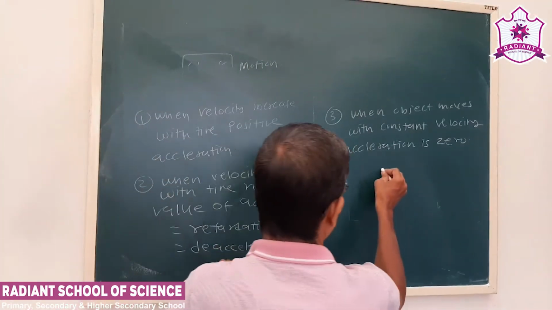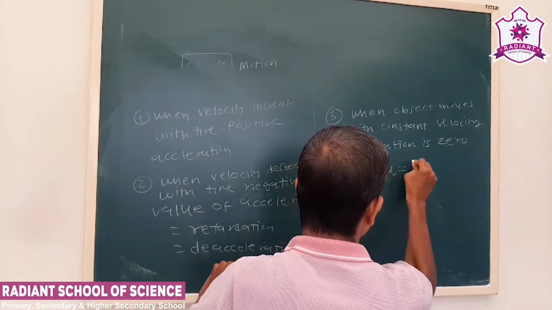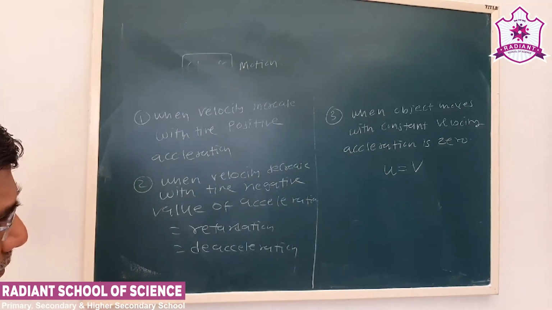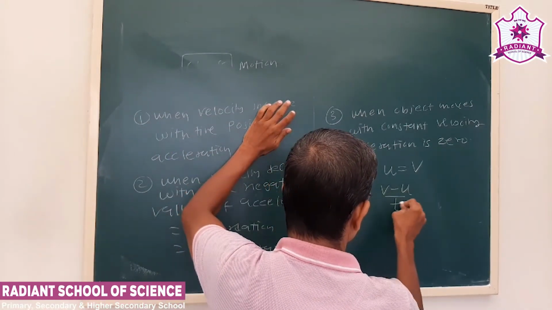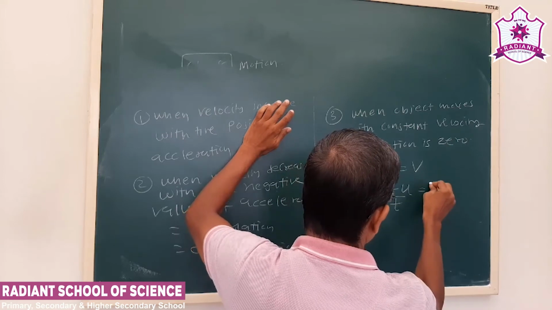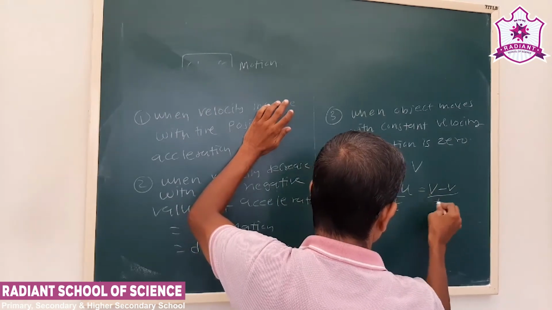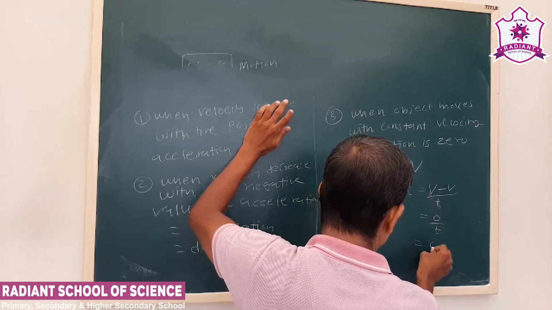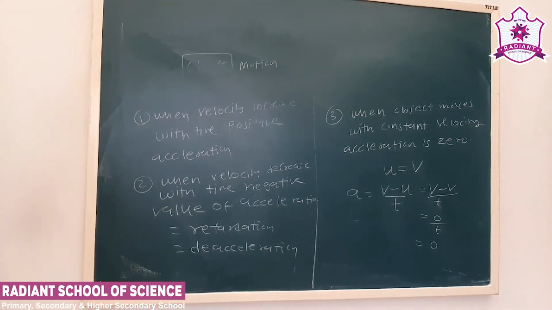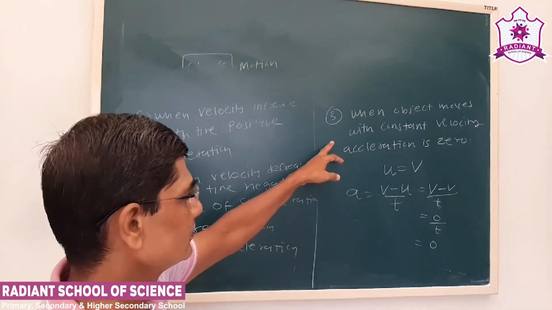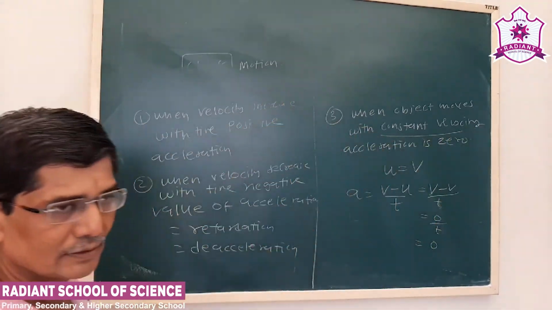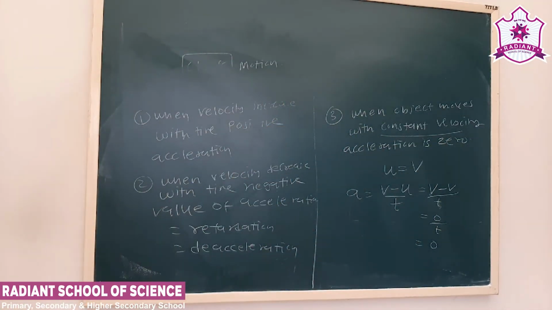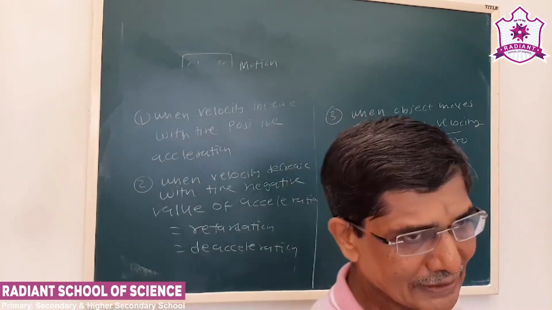So in that case, initial velocity and final velocity will be the same, because v is equal to u. In such case, the object moves with a constant velocity. So this is about the acceleration.